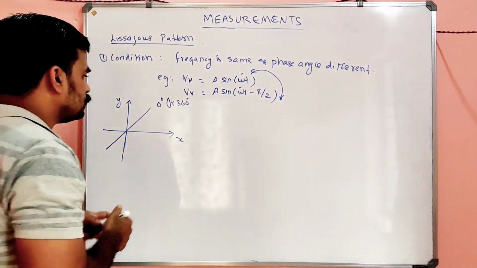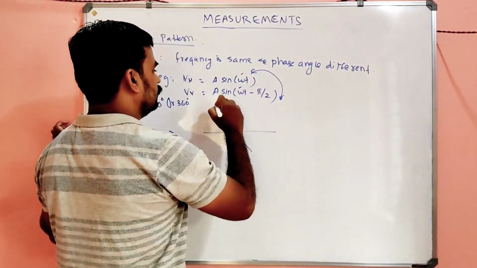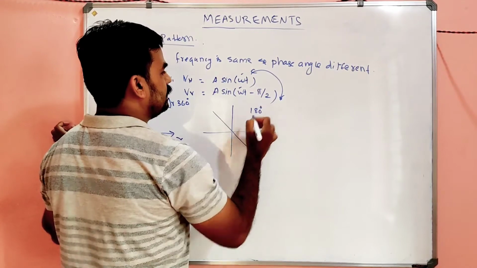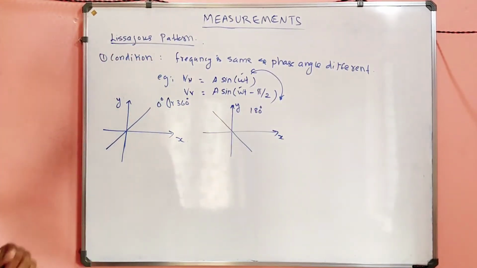Suppose this is the trace you found, then you can say that it is 180 degree. So 0 is there and 180 is there.